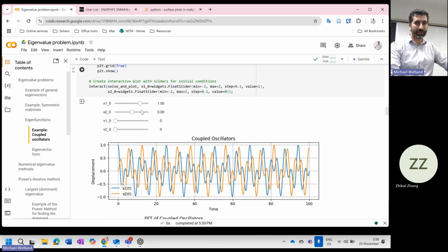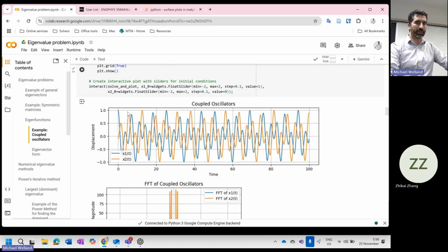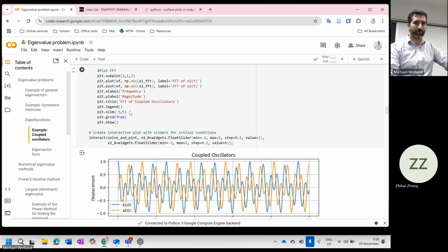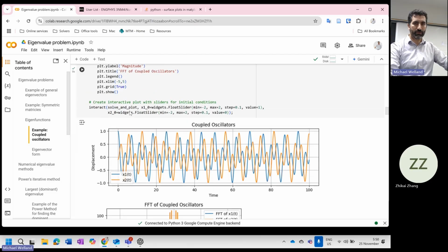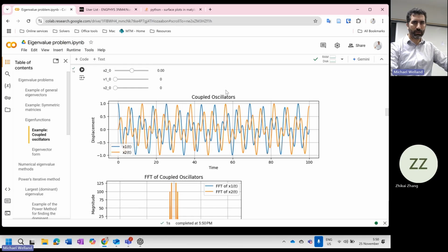And we get this mess. So x1 is in the blue, x2 is in the orange. This is kind of the nice thing. I'm liking to actually finally use Jupyter interactive notebooks for what it's designed for. What we can do is change the initial amplitude of the other one. Oops. Hey, what happened? Look at my sliders. Put them back.